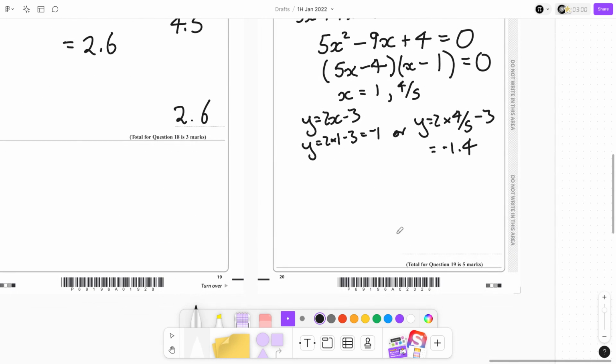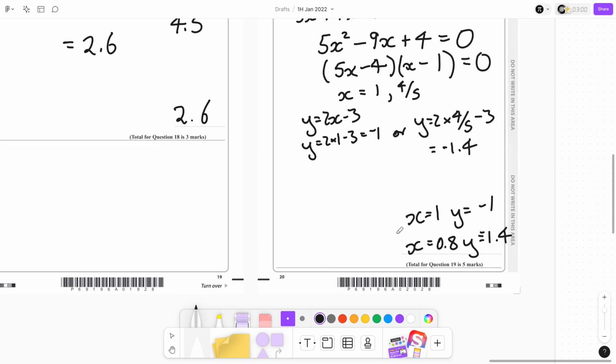So our answers are x equals 1, y equals minus 1, x equals 0.8 or 4/5, y equals minus 1.4.